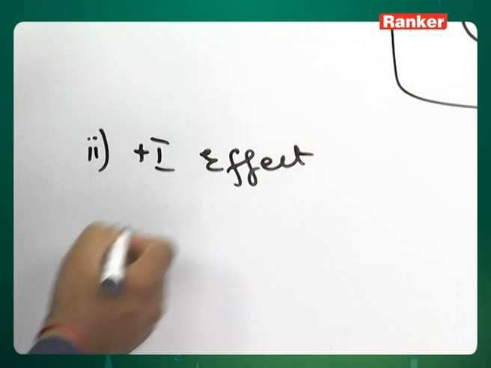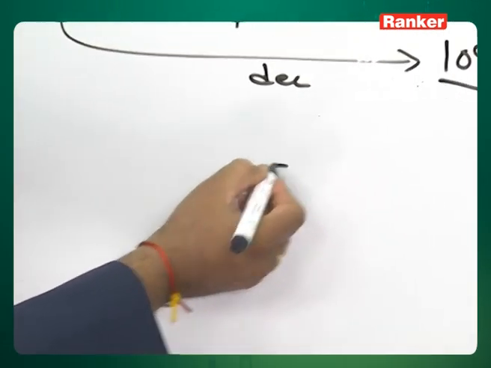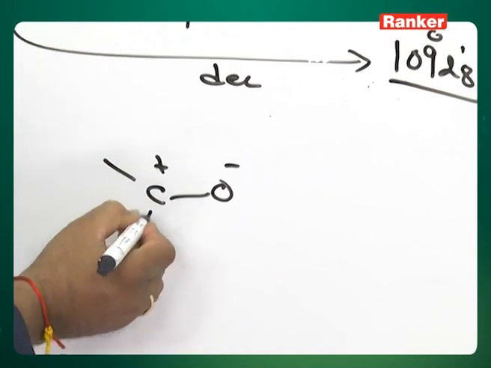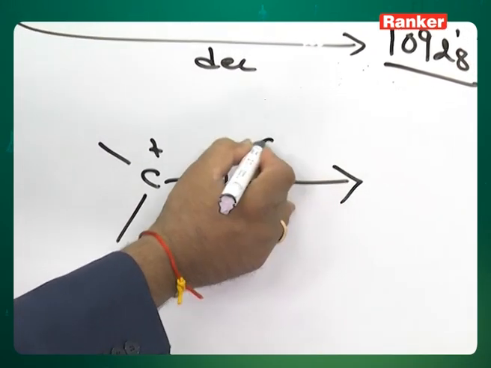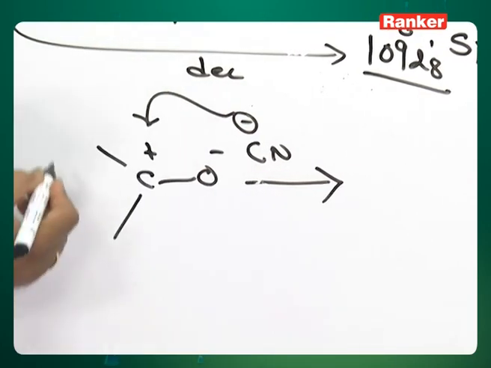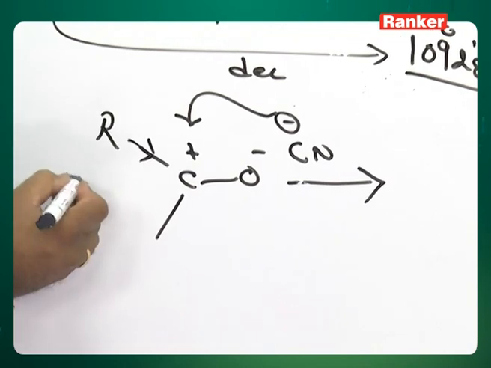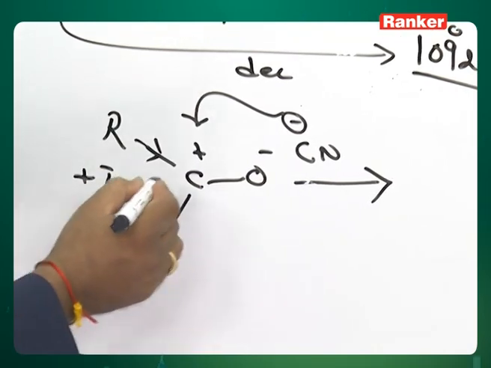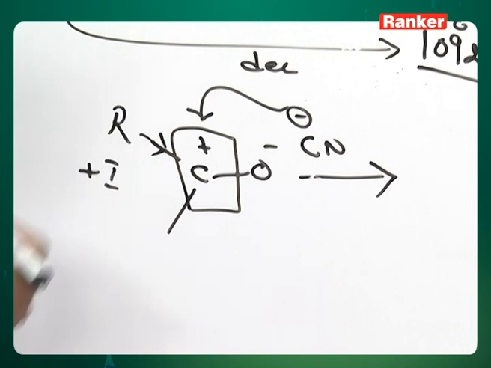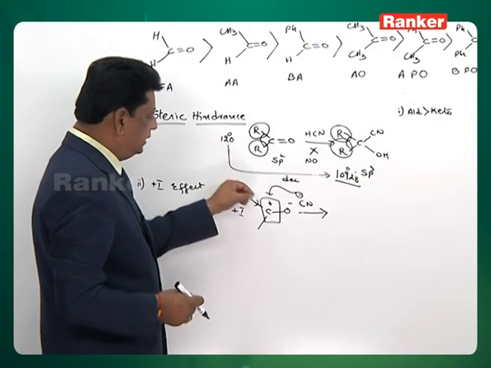How the plus I effect is influencing: here the C double bond O exists as C plus, O minus, right. So cyanide is the first attacking species to attack here. If we have an alkyl group, what happens? The alkyl group is showing the plus inductive effect. So the charge on the carbocation will be slightly reduced, because it is pushing electron density.